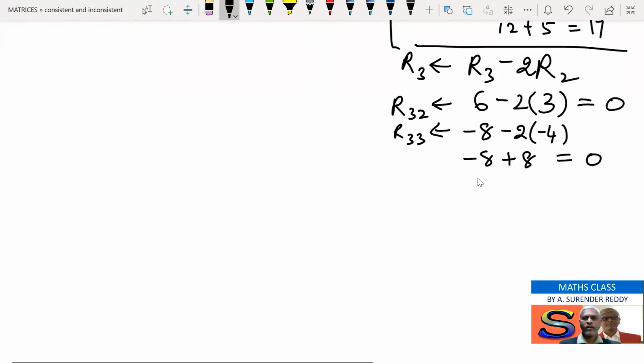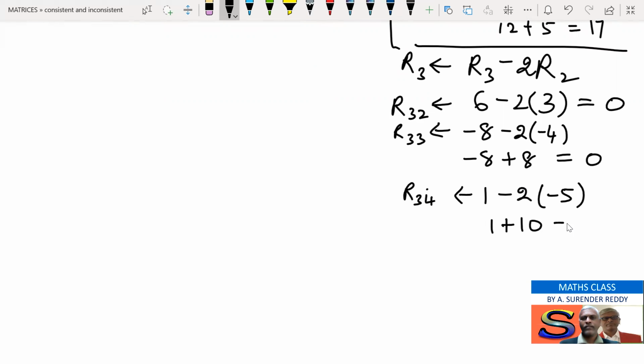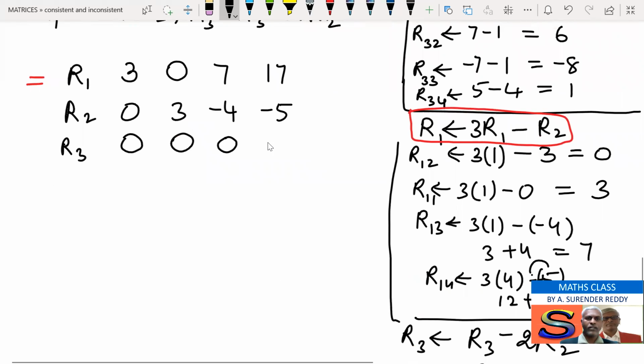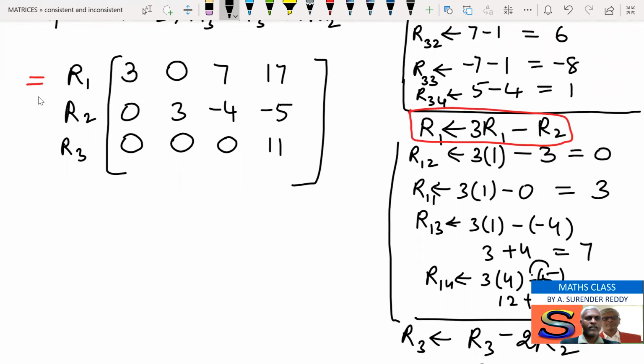So R3 is 1 minus 2 into R2 minus 5. So this is the R3 fourth element. Minus plus 10, that is 11. So the last element becomes 11. So this is the second step.